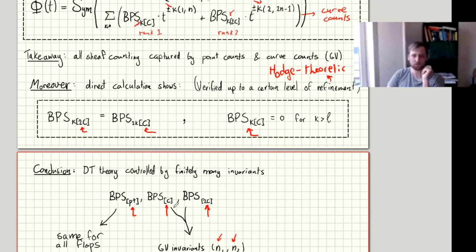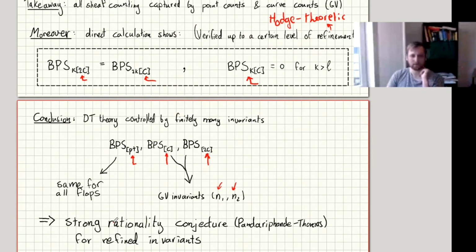So we do some refinement of these, but ultimately the GV invariants determine pretty much everything in the DT theory here, except for these point counts, which, well, this is sort of boring. These are the same for every flop.